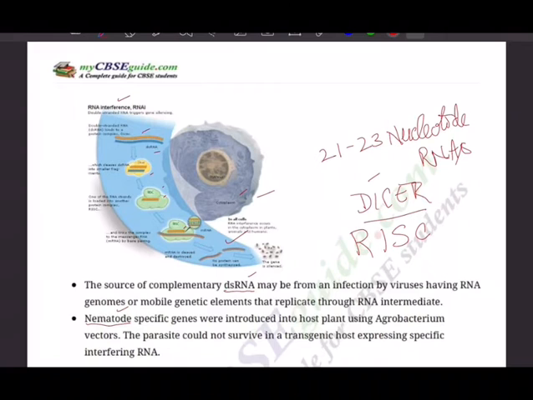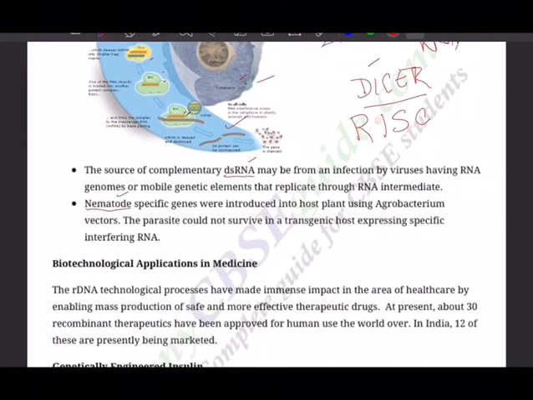So, the source of complementary dsRNA may be from the infection by viruses having RNA genomes or mobile genetic elements that replicate through RNA intermediate. So, nematode specific genes were introduced into host plant using agrobacterium vectors. The parasite could not survive in transgenic host expressing specific interfering RNA.